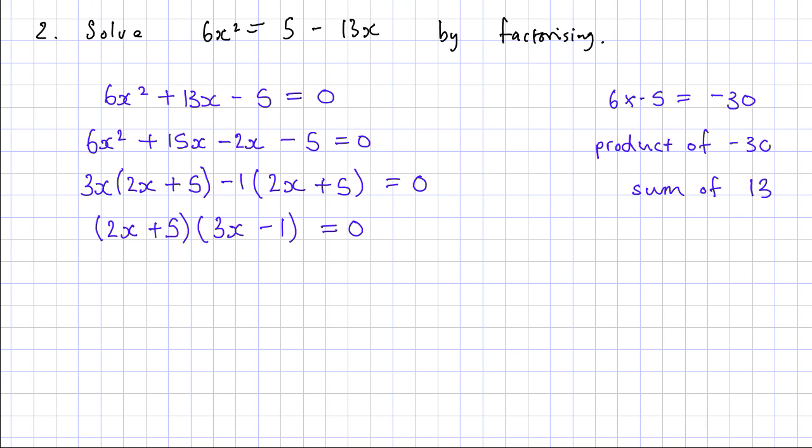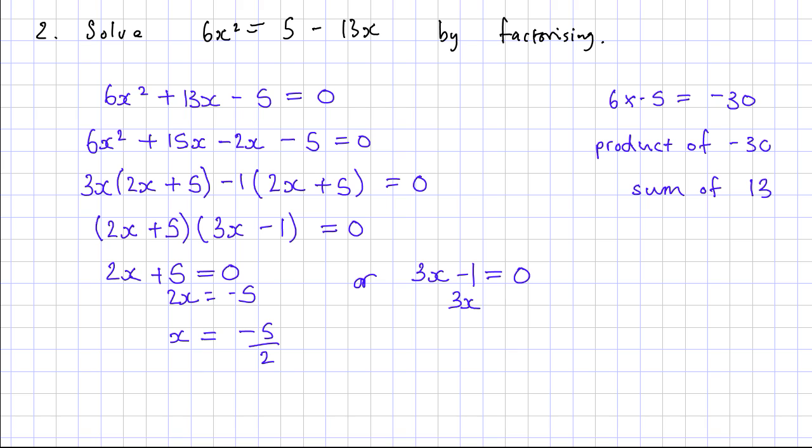So let's write that. So either 2x plus 5 is equal to 0, and in this case 2x would be minus 5 and x will be equal to minus 5 over 2, or 3x minus 1 needs to be 0, and in this case 3x will be equal to 1 and x will be equal to 1 over 3.